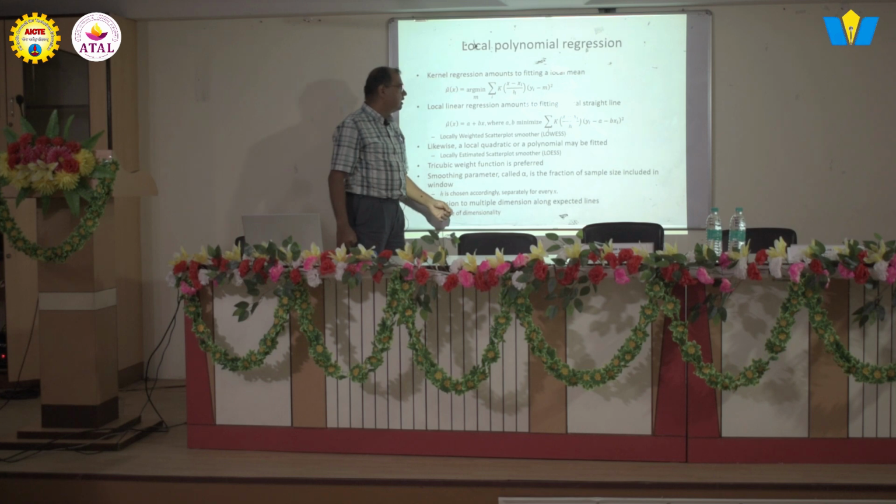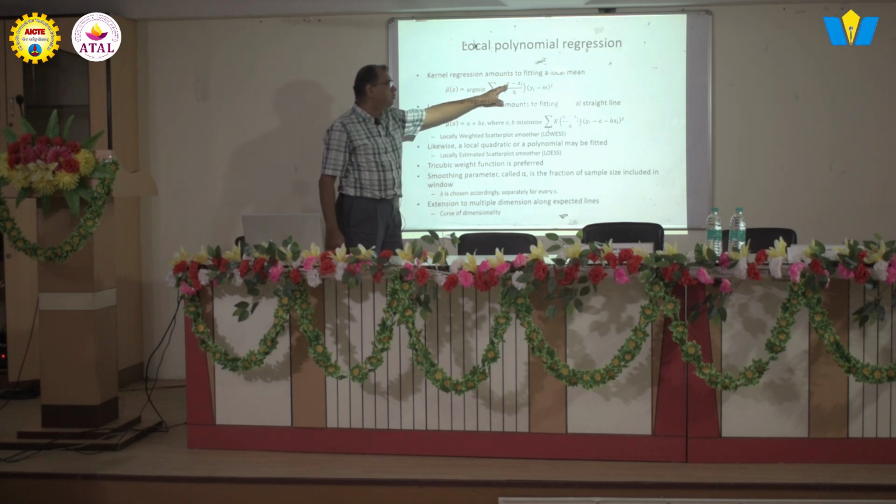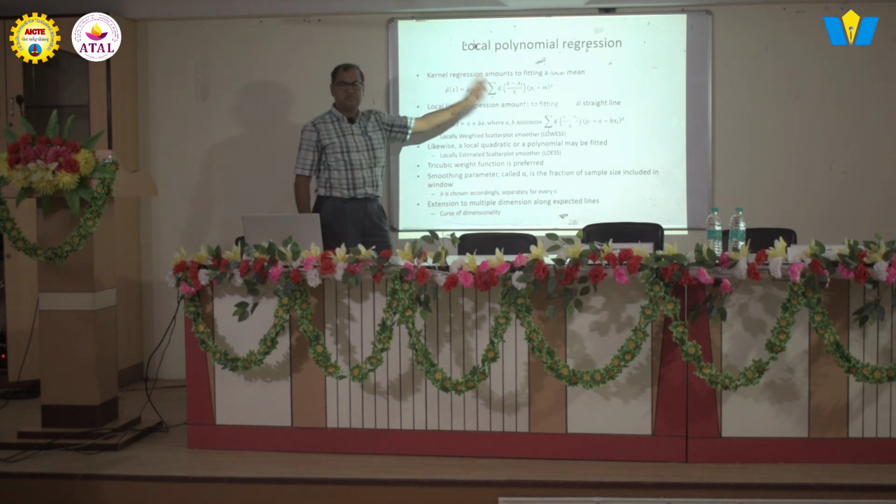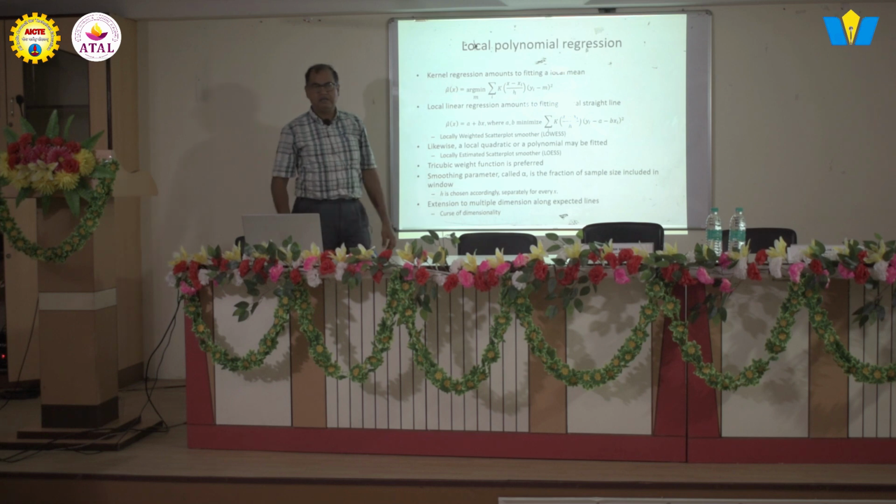And if you want to give more weight to the points around x, then the best n which produces this minimum means the kernel regression, the Nadaraya-Watson kernel estimation. It can be shown.